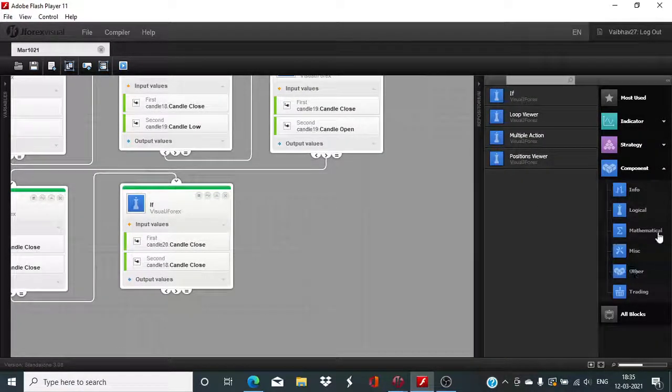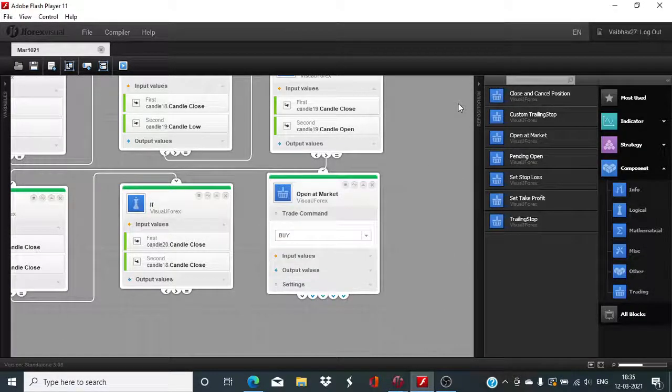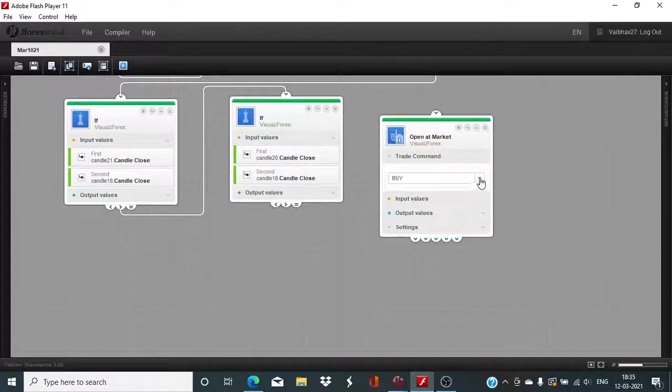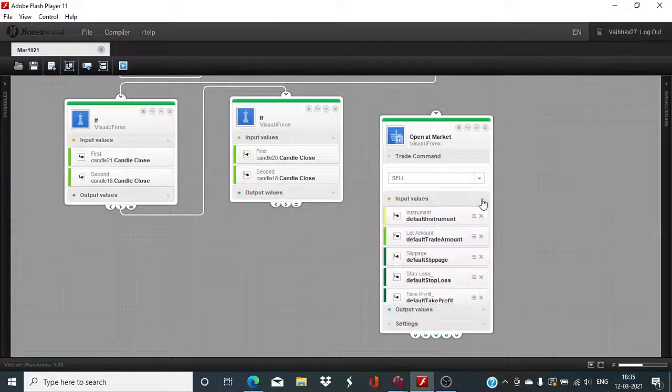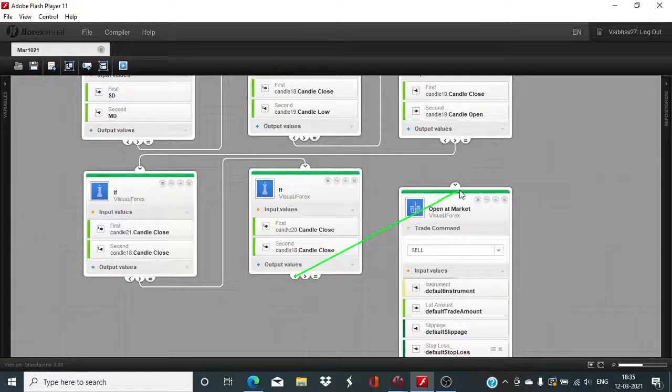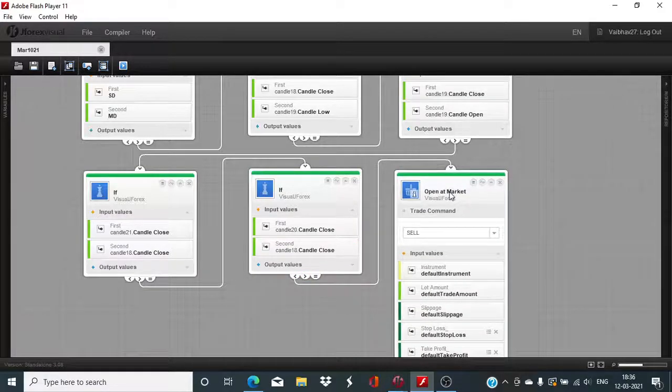And now we take the open at market block. This is going to be a sale order. First input less than second input.